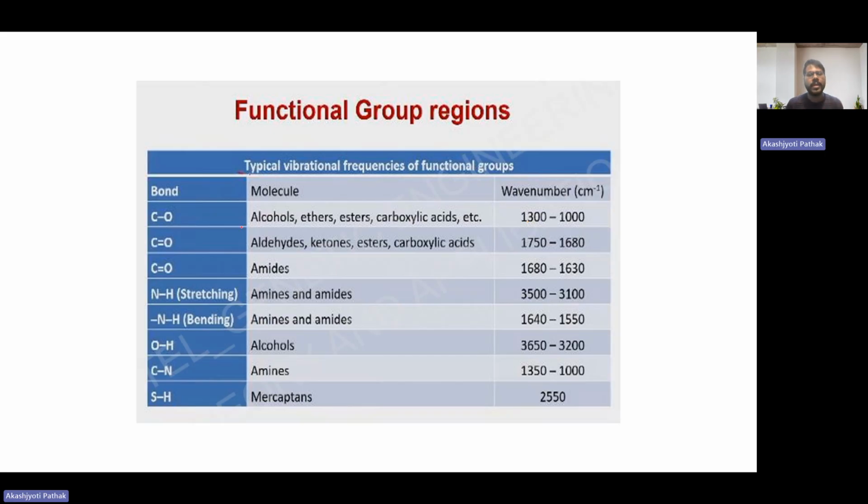For aldehydes, ketones, esters, and carboxylic acids, the vibrational frequency is in the range 1750 to 1680. For amides it is 1680 to 1630. For amine stretching, the vibrational frequency falls in this region.